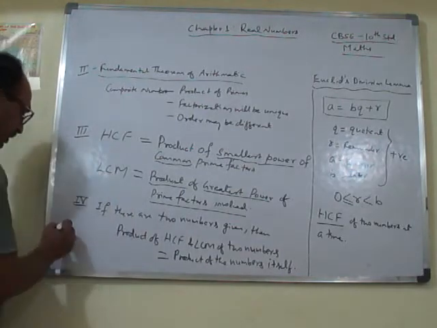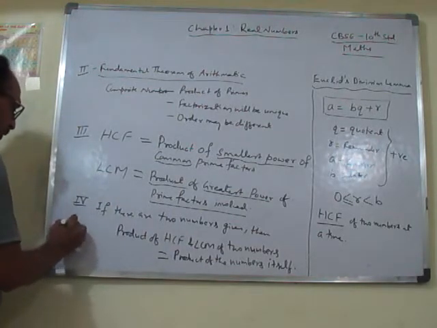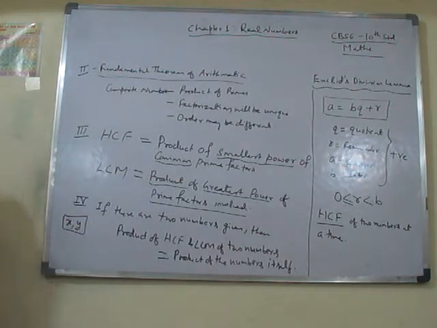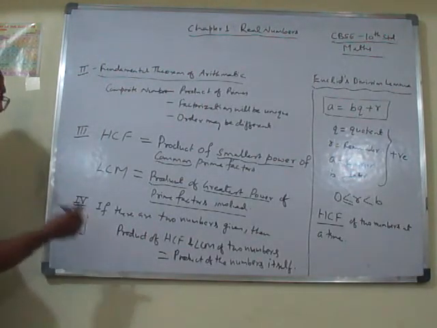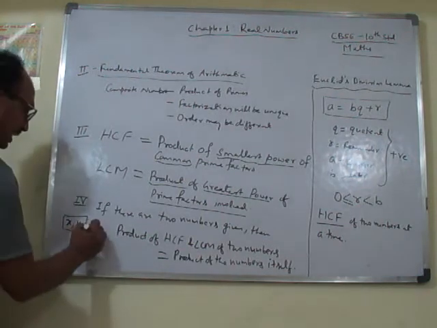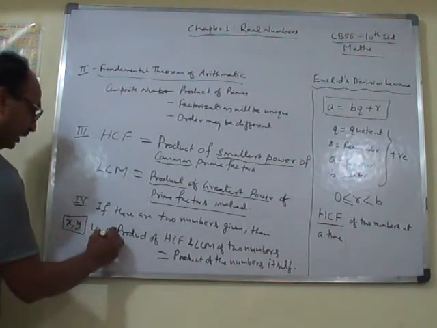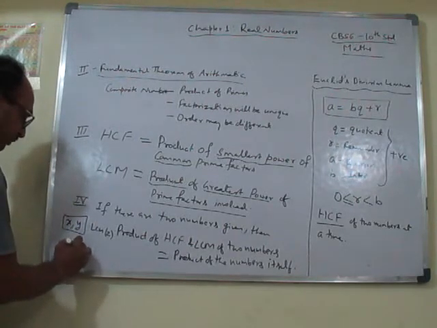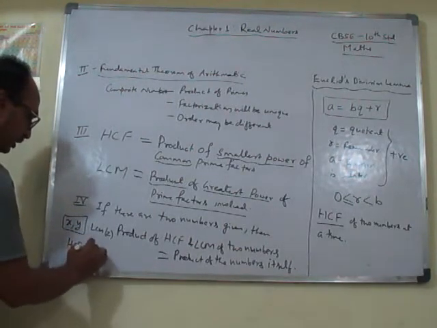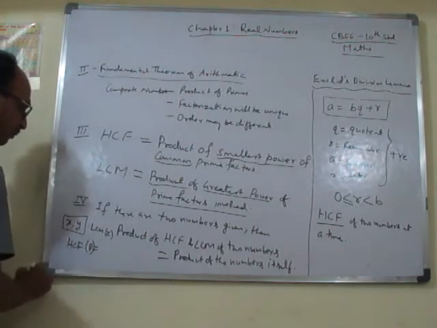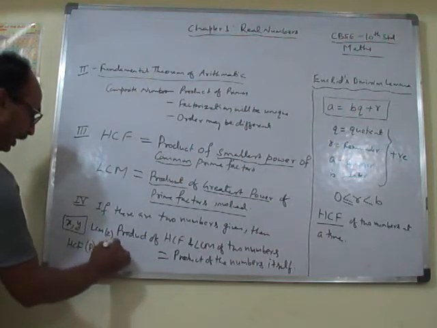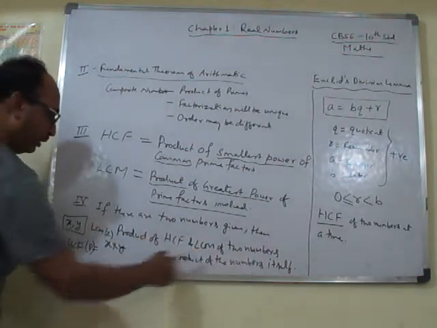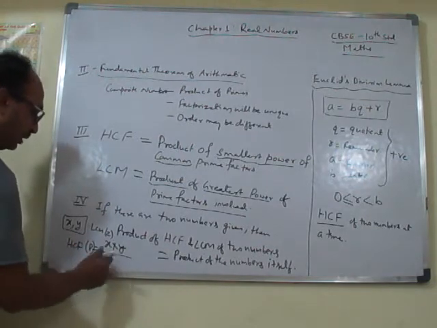Suppose x and y are the two numbers given to you. You have already found the LCM, which is known to you and that is Z. So the HCF, which is P, I can find by x into y, the product of the numbers, divided by LCM.